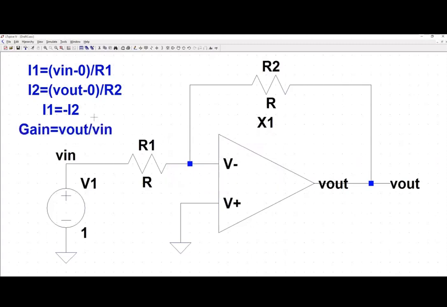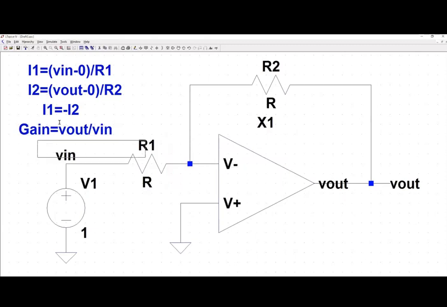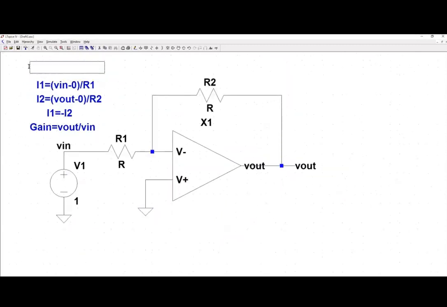Well, it looks like we can already figure out what that gain is because we have an expression with V in here, and we have an expression with V out here. So if we set these two equal to each other, we get V in over R1 is equal to minus V out divided by R2.